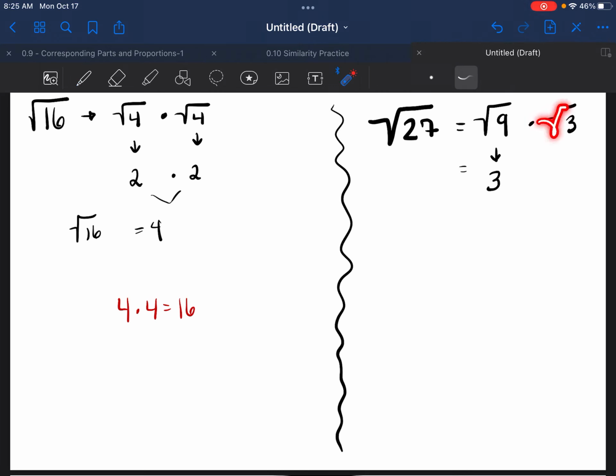And for the square root of 3, I don't know what the square root of 3 is. It's not a perfect square. And the only other way to break it down is 3 times 1, so that really won't help us simplify it anymore. So I can just bring it down as the square root of 3. So the square root of 27 is equal to 3 times the square root of 3.